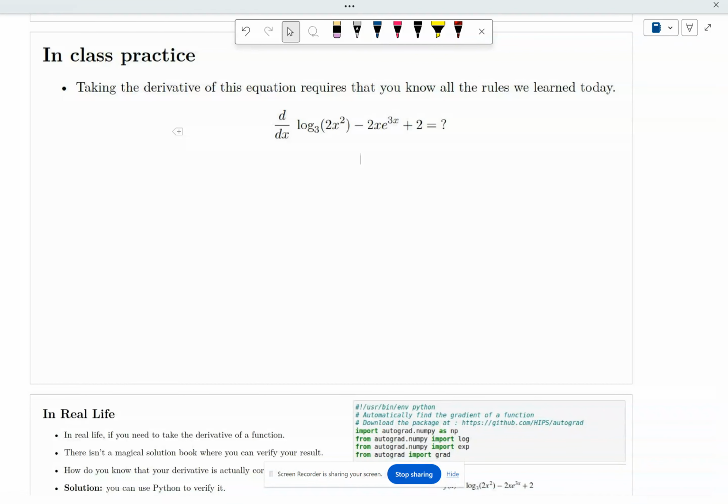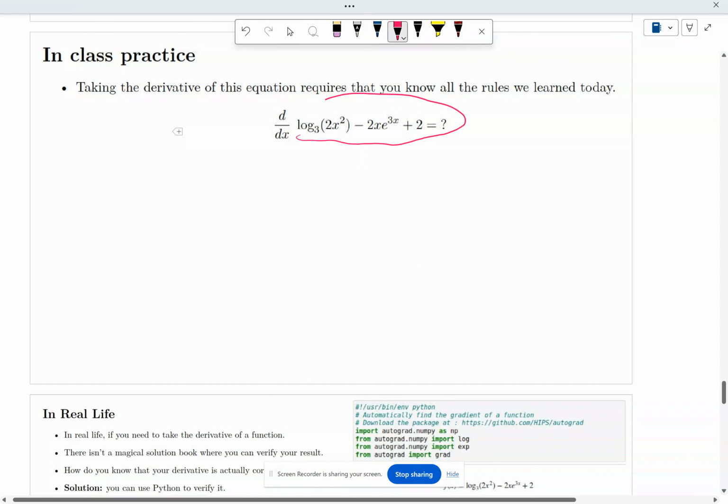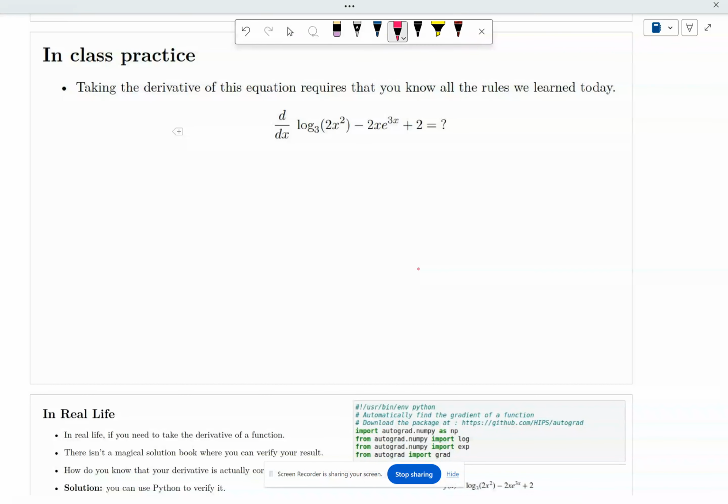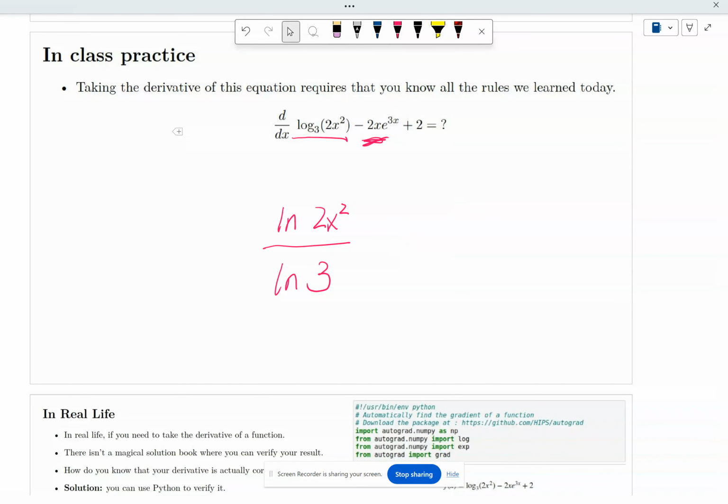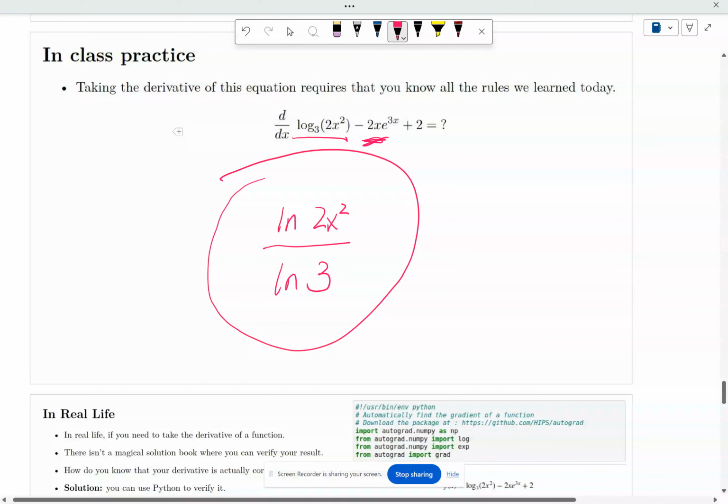Now to solve this right here, remember this is natural log of 2x squared and then natural log of 3. This right here, we can just copy it, 2x e to the 3x. Actually, no. Let's solve them one at a time. So, do we know how to solve this?